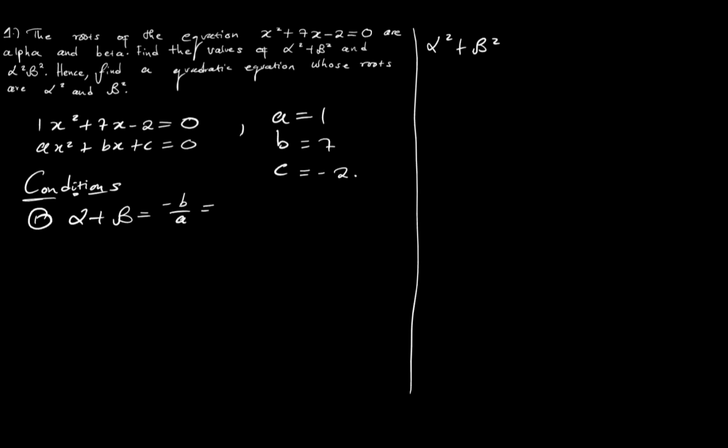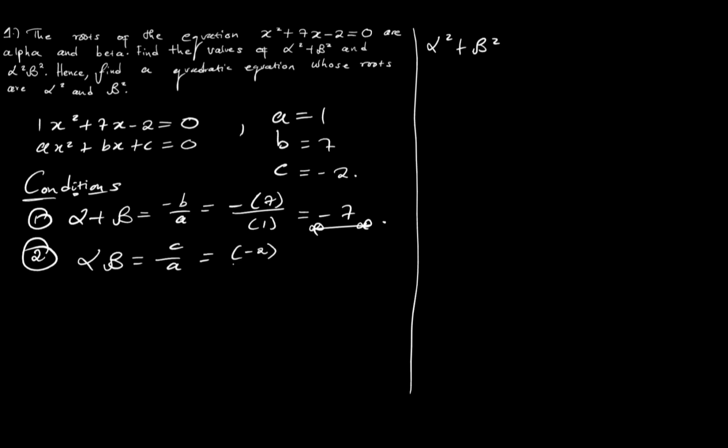So minus b, that's minus 7, over a, which is 1, gives us minus 7. That is the sum of the roots. Then we also need the second condition, which is the product of the roots. Alpha beta is c over a. The value of c is minus 2 and the value of a is 1. Basically, we get minus 2 as the product of the roots.